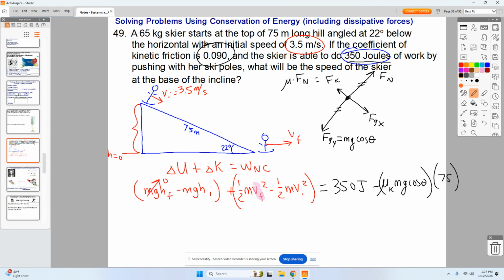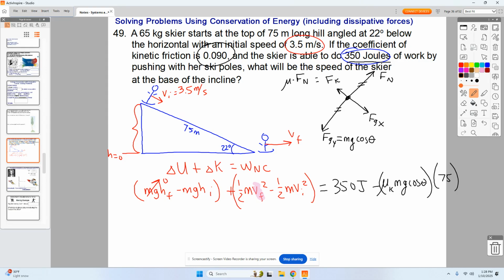Can I cross it off? I don't care, they're 65 kilograms. Can I cross that off? No. Because the amount of work he does is not mass dependent. Right? So that 350 keeps that mass in that equation. Because there's no m here, I have to consider the mass of that person.